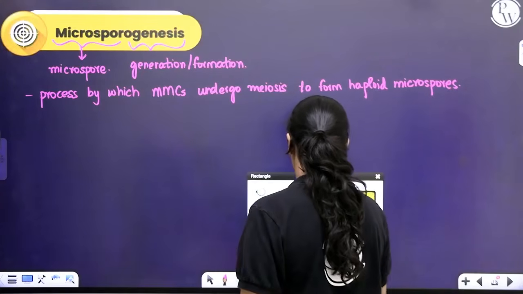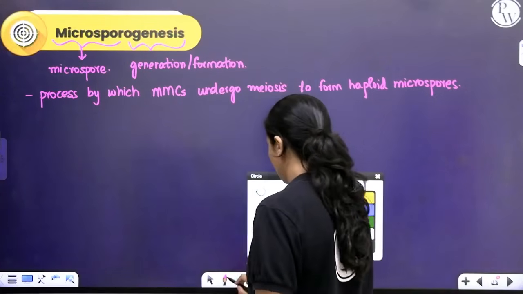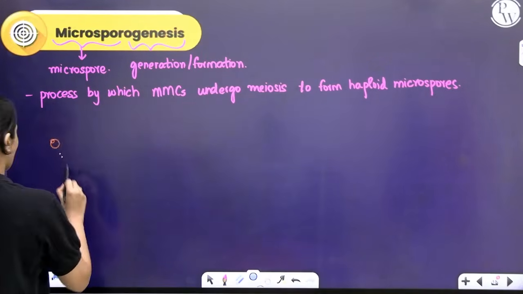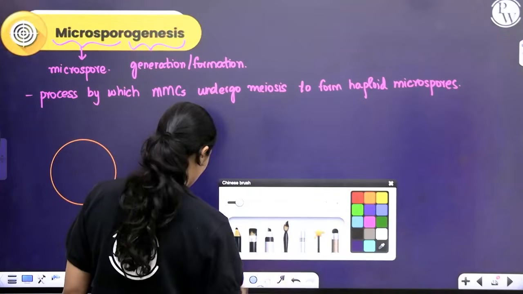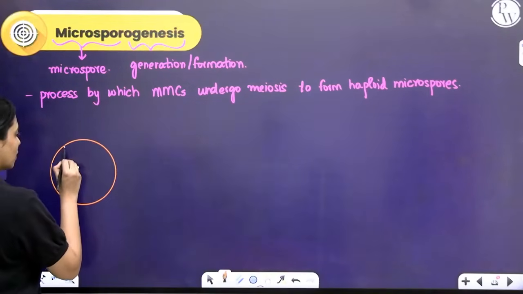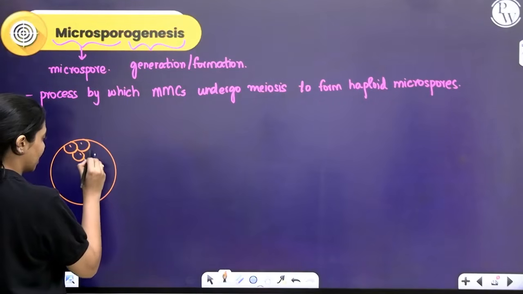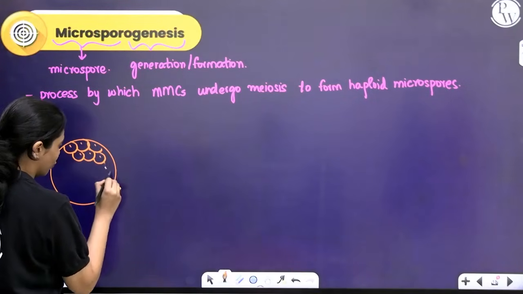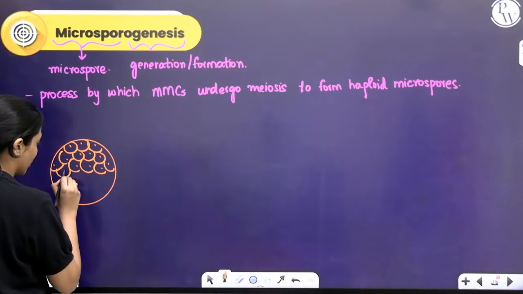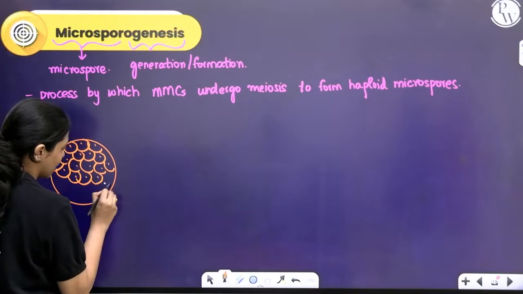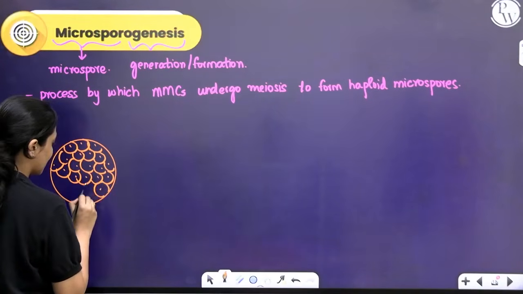Let's just consider the sporogenous tissue or microspore mother cells in the center. Within the anther there will be four microsporangia. Inside each microsporangium you can find many such microspore mother cells.